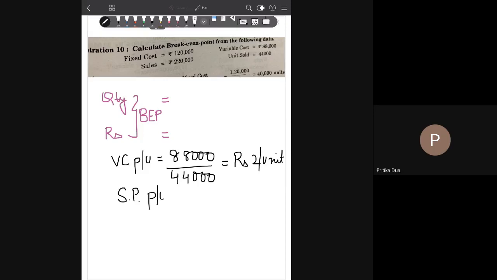So in quantity, it is coming to 40,000 units.